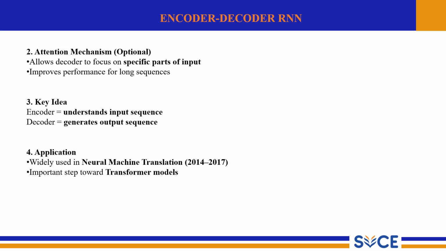In addition to translation, this architecture has been used for text summarization, speech to text systems and dialogue systems. So it played a crucial role in advancing deep learning for language tasks. Most importantly, the idea of attention became a key stepping stone towards transformer models, which later revolutionized natural language processing by removing recurrence entirely.